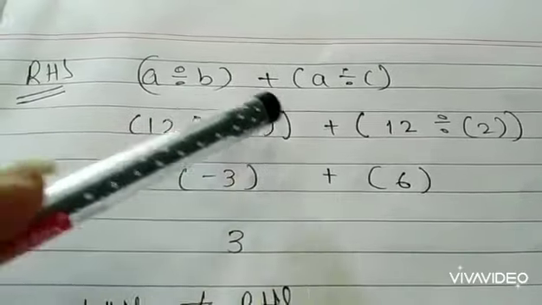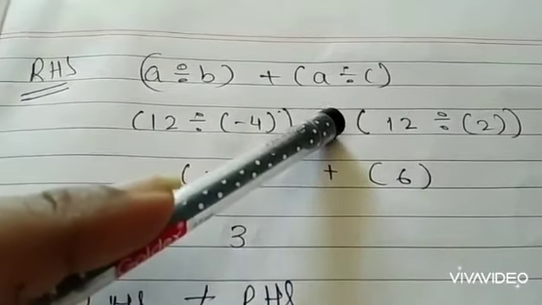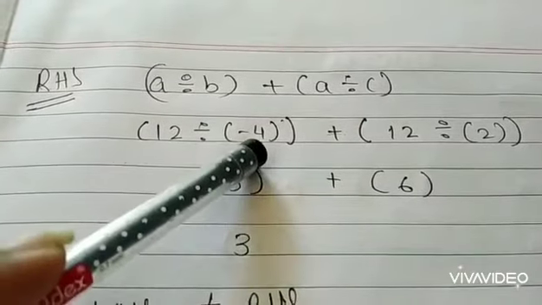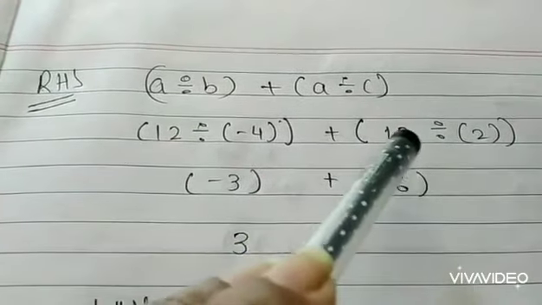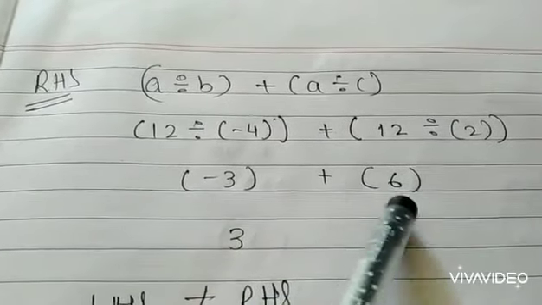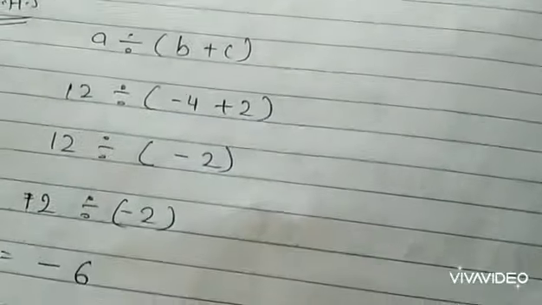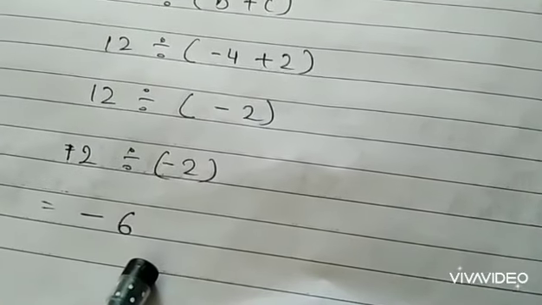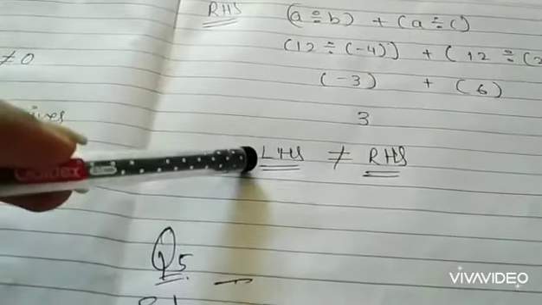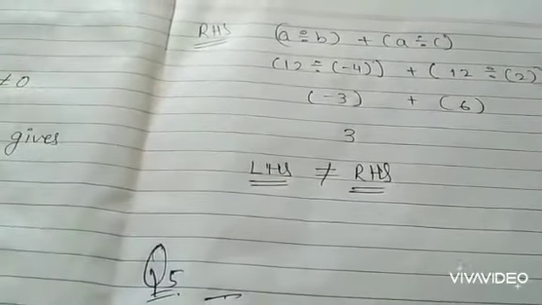Firstly we will solve these two brackets and then add. 12 divided by minus 4 is minus 3, and 12 divided by 2 is 6. Now minus 3 plus 6 is 3. Here we have minus 6 as the answer, and here we have 3 as the answer. So the left hand side is not equal to the right hand side.